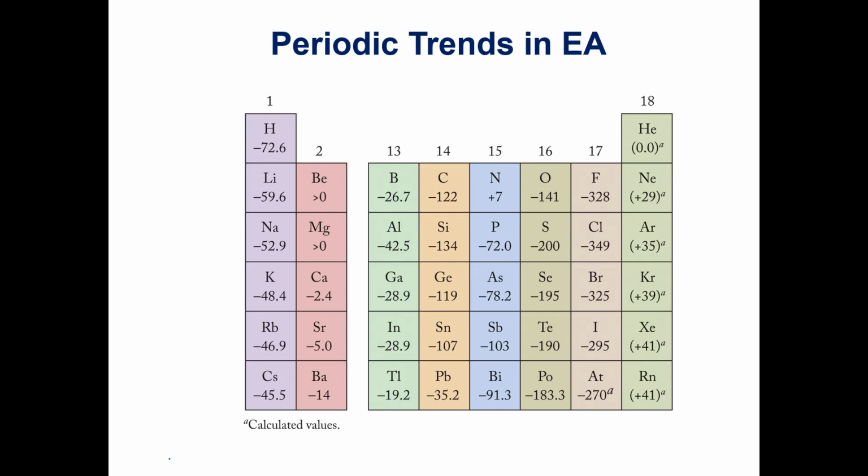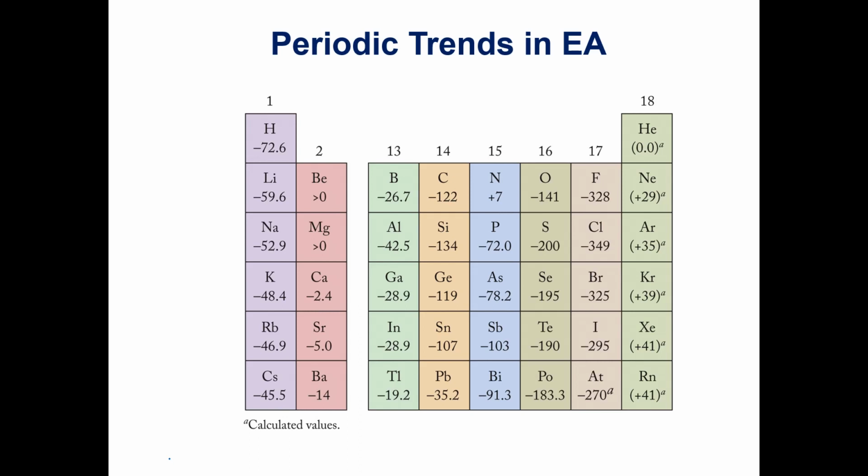Speaking of this table, one thing I want to point out. When you're doing some of these in your online homework system, there are some anomalies with all of the trends. If you look in your textbook, you will be able to find tables of actual numbers there. Sometimes the online homework systems are very picky, and they will expect you to put things based on the order of the numbers in those tables. I do not emphasize those numbers because what's more important at this point is that you understand the trends.